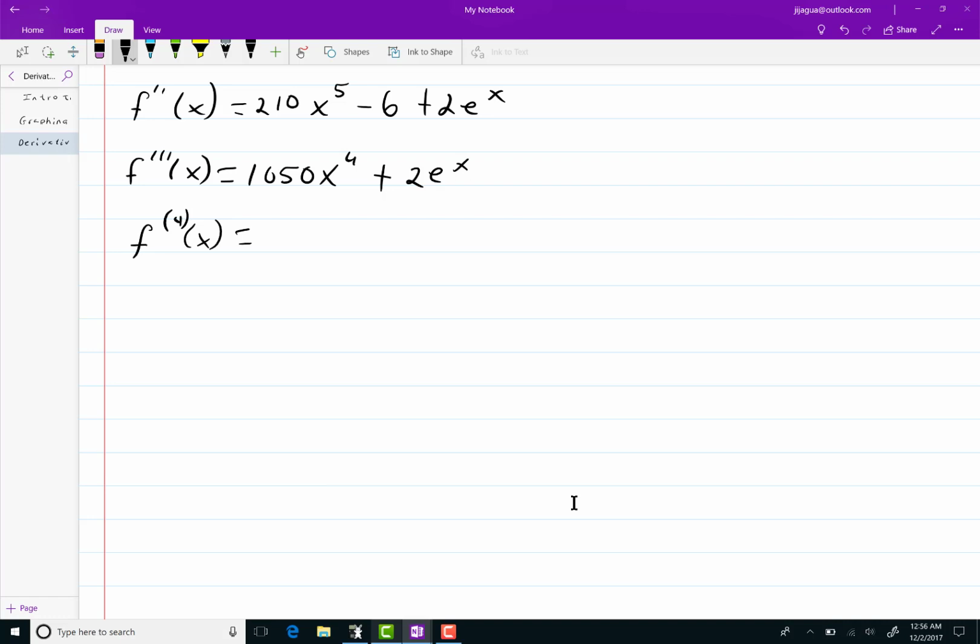So let's keep going here. 4 times 1050 is 4200, x to the 3rd plus 2e to the x. And then I can do the 5th derivative of f. 3 times 4200 is 12,600. So 12,600 x squared plus 2e to the x.